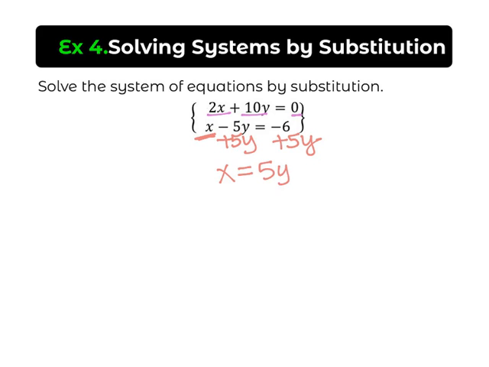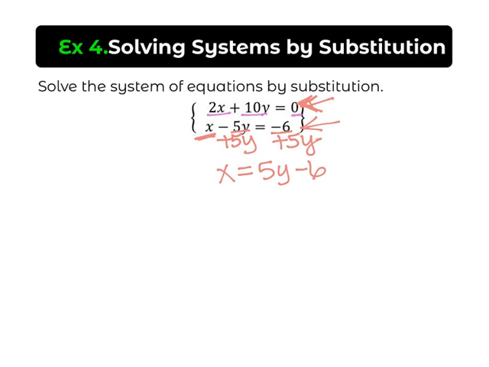So we have 5y minus 6. Now, if you really want to always solve for y, you can do that. Be careful, because if you solve this equation for y, you're going to end up with a fraction, because you're going to have to divide the negative 6 by the negative 5. If you solve this guy for x, let's just do that real quick.